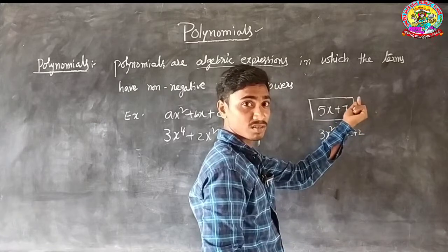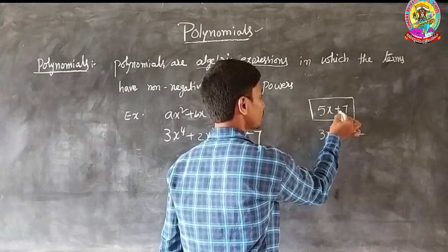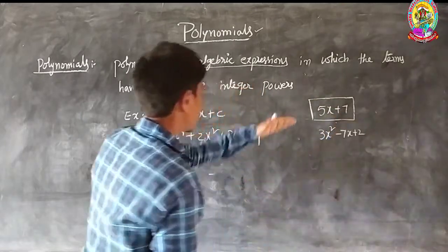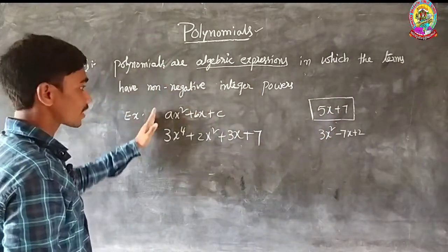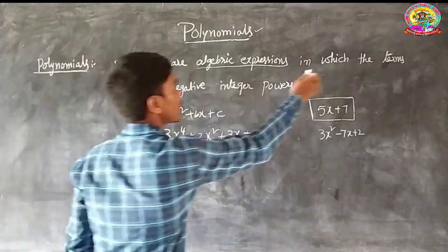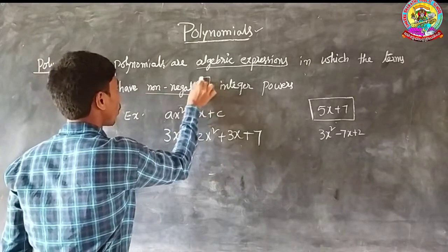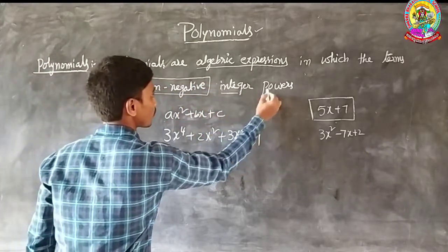If it is greater than 0, less than 0 or equal to 0, that is a statement. Here 5x plus 7 is an expression. In the same way, polynomials are expressions, but with terms having non-negative integer powers.